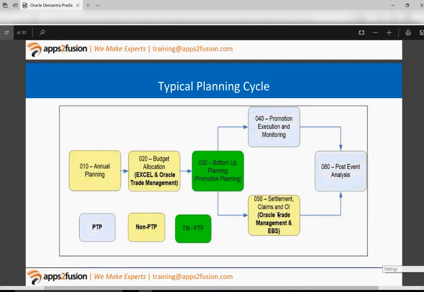While executing a promotion, you may receive certain settlement claims while the promotion is open and until it gets closed. This is where DSM comes into the picture. In this particular scenario for this customer, we were managing all the settlements and claims through the trade management application itself and not the Demantra DSM application. However, the process would remain the same; in your process, it would be a Demantra DSM system here.